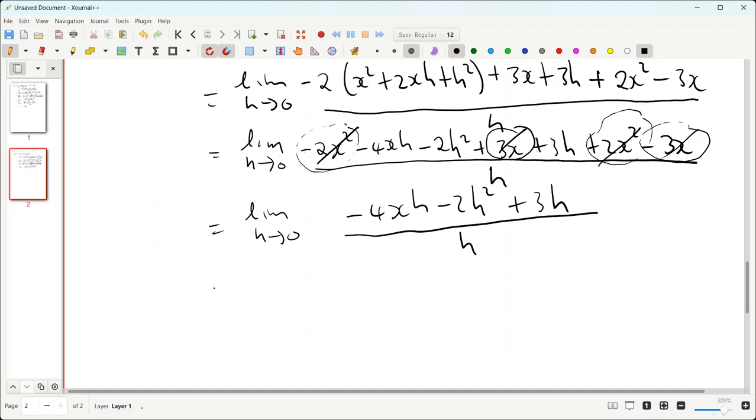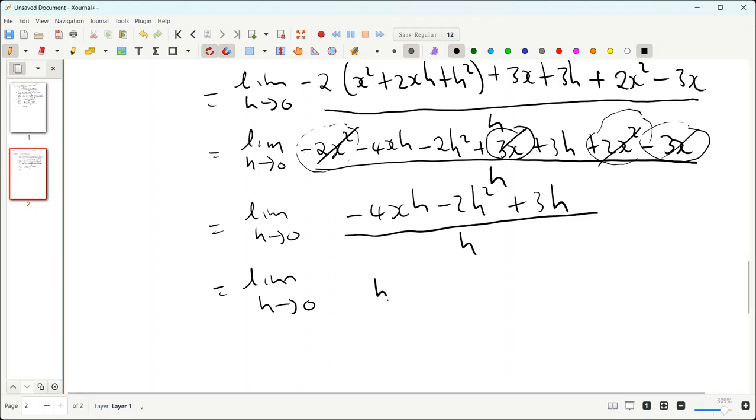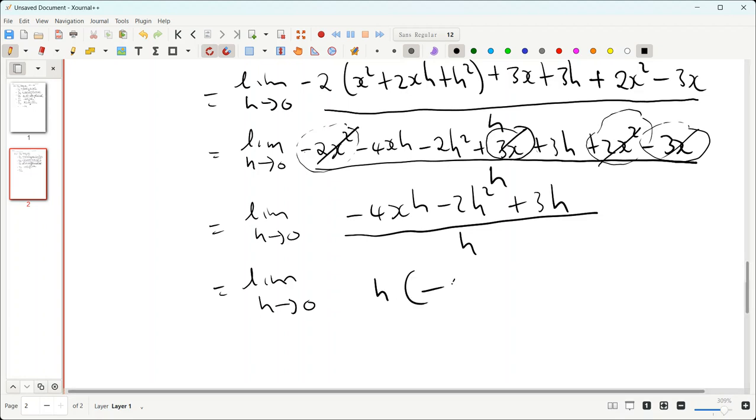We need to remember that we always write the lim h tends to 0 before we substitute our h which tends to 0. So we can take the common factor out. We do have a common factor which is h, so let's take the h out, and then minus 4x. That's what we'll be left with on our first term.